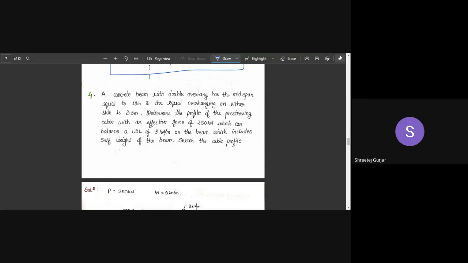So 3 concepts we have covered, and the new concept is the pressure line concept, which is a very small concept, only 1 to 2 problems we will solve in that. Then your first module will be over. I think I need 2 to 3 hours more to finish our first module. So with that I think we can finish your session over here.